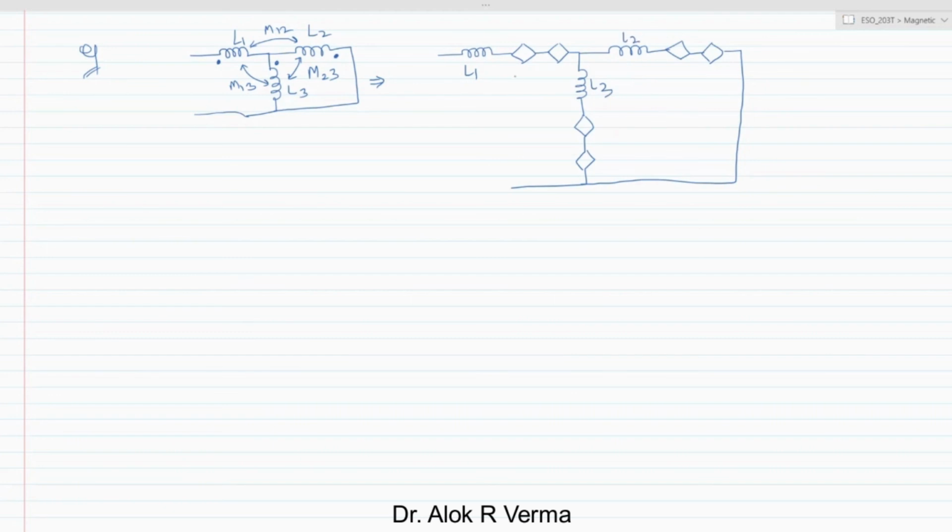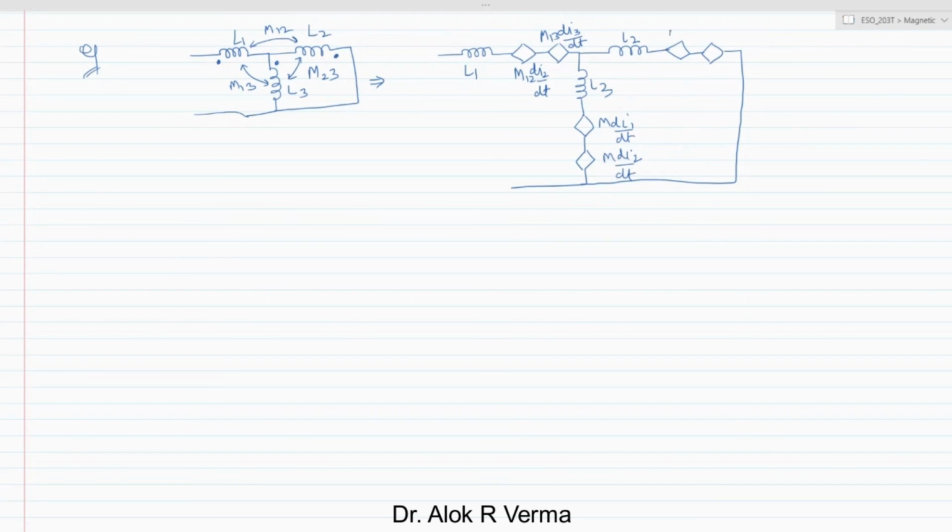So one will be M12 di2 by dt. Then M13 di3 by dt. The polarity you can see based upon the dot notation. Similarly, these are two terms. So here it will be M di1 by dt and M di2 by dt.